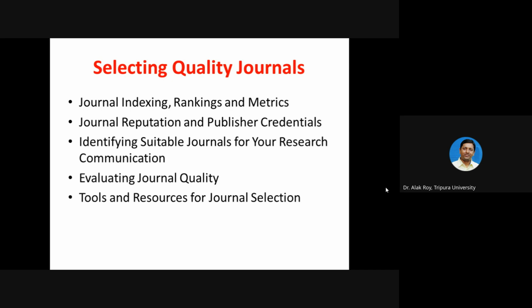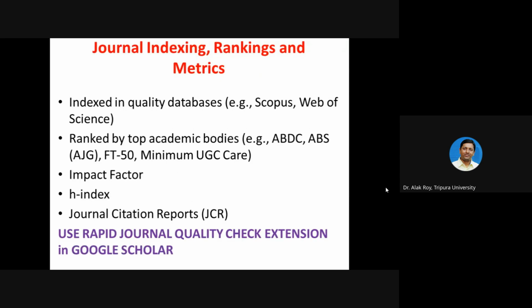So first, coming to this journal indexing and ranking part. Now, these are the prominent rankings we try to follow. Quality databases, mostly Scopus and Web of Science. Now, if you go with Scopus, first of all, Scopus gives CiteScore. It is not impact factor, it is CiteScore, and there is a difference between CiteScore and impact factor.